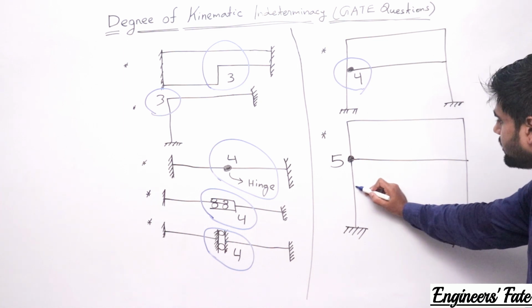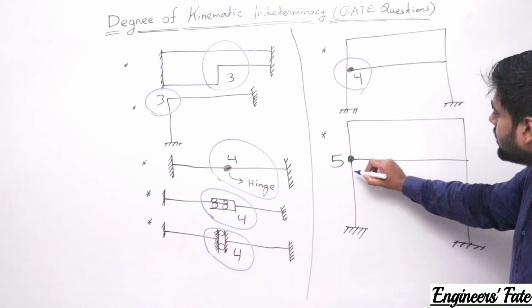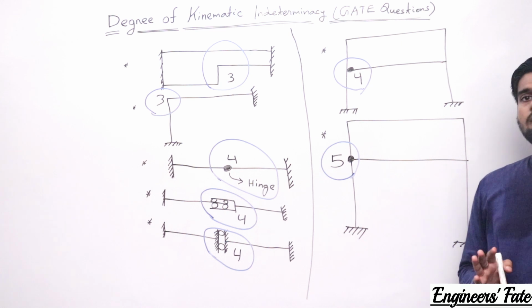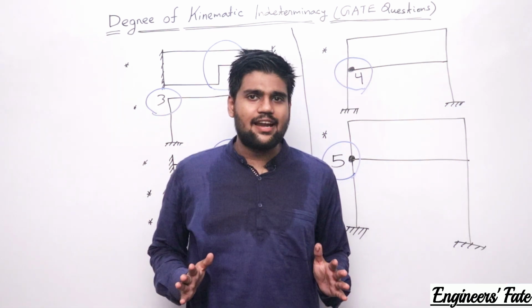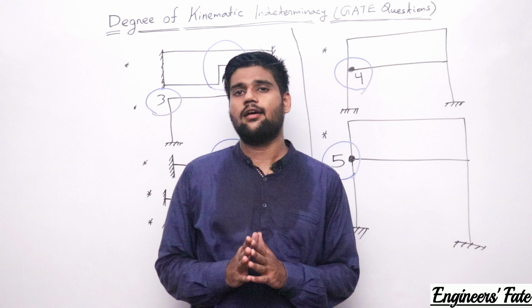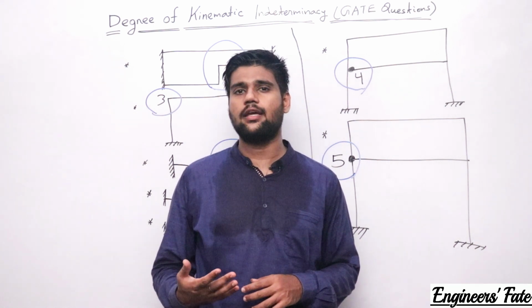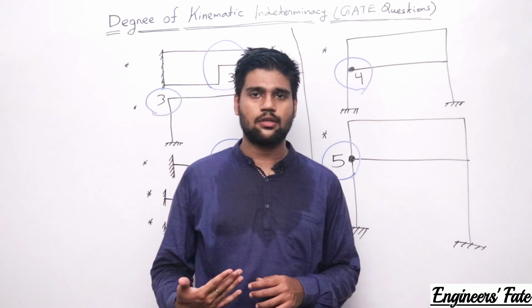This hinge is connecting this member and this member. So for these cases DKR will be 5. Please note down this thing and remember it. Till now I hope you have understood the things and noted them down. Now try the GATE questions one after one, then I'll be discussing them one after one.